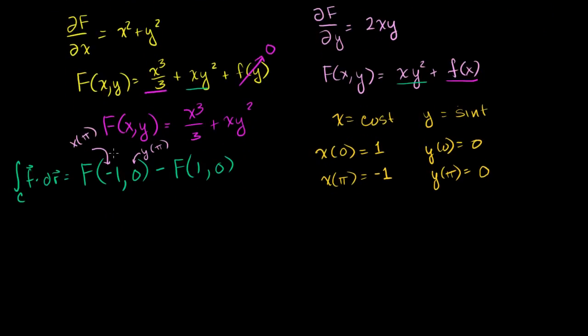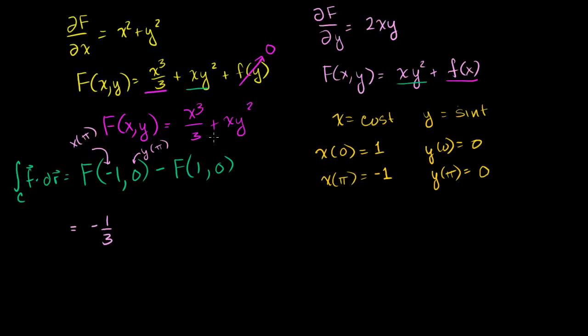So this is just straightforward to evaluate. What is f of minus 1, 0? X is minus 1, y is 0. So it's going to be minus 1 to the third power, right? That's our x, over 3. So it's minus 1 third plus minus 1 times 0 squared. So that's just going to be a 0. In both cases, the y is 0.